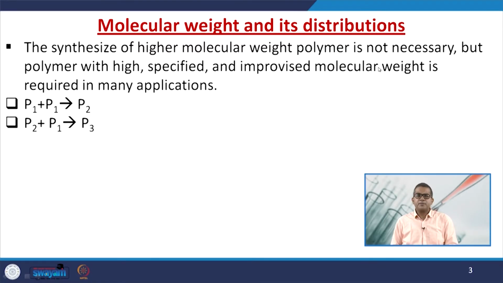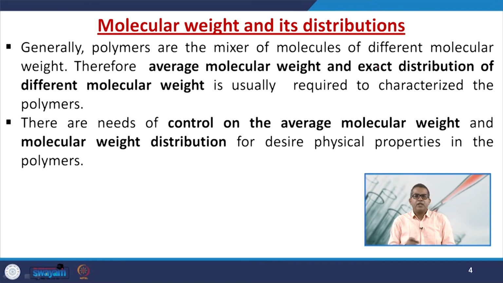So, based on this particular approach, there are different types of molecular weight given, and they discuss the different types of distribution pattern for the molecular weight. I told you that at any point of time your molecular mass may consist of P1 to say Pn. So, that is why there is a distribution pattern for this molecular weight.